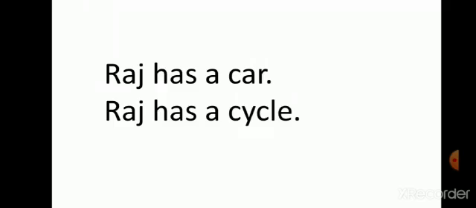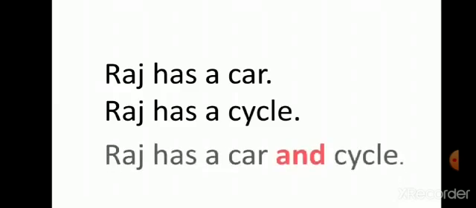And when we join the sentences, we'll use a conjunction. What conjunction will we use? "And". When we are using "and", the sentence will be a little different, because the two sentences will turn into one sentence. So we'll see the answer.